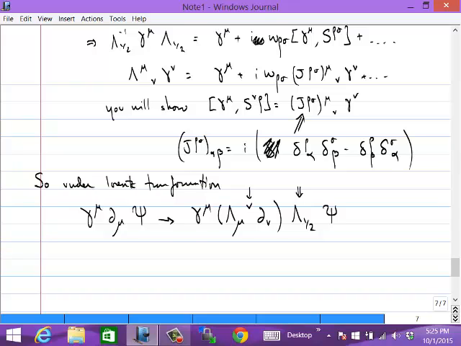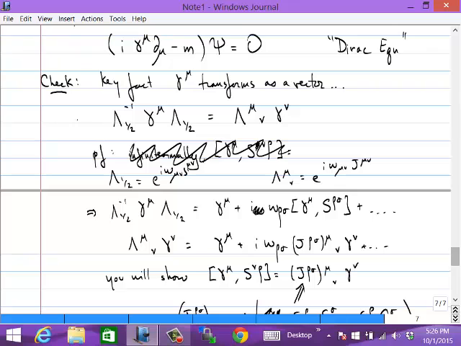And so you can rewrite this as lambda to the 1/2, lambda to the 1/2 inverse, gamma mu lambda to the 1/2 times lambda mu nu d nu psi. All I've done is introduce a factor of 1 written in a particularly perverse way and moved that lambda 1/2 to the other side.